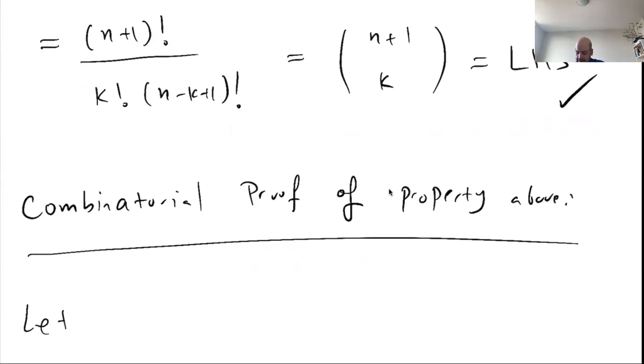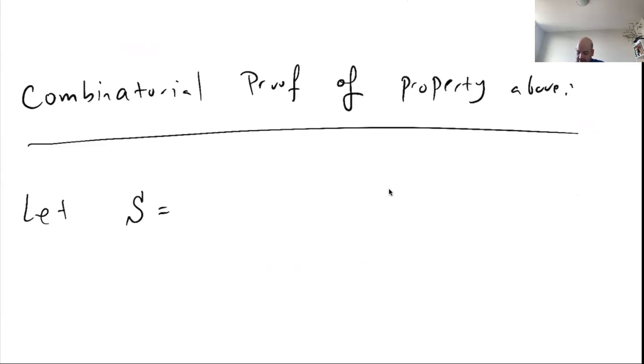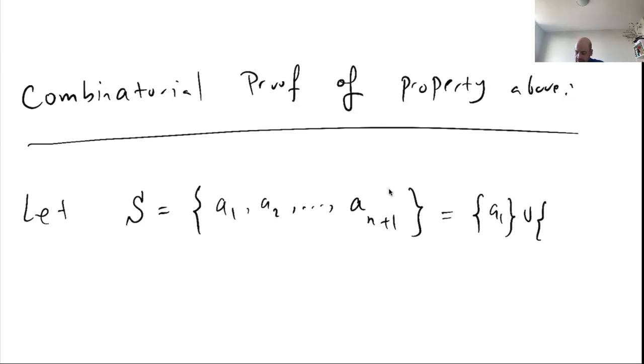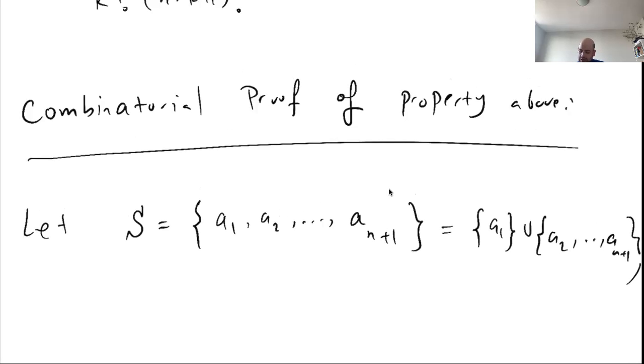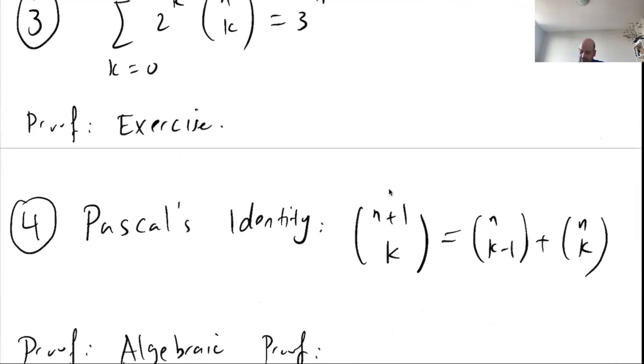So let S be a set with n plus 1 elements. So let's say A1, A2, all the way to A n plus 1, which I can write as A1 union A2 to A n plus 1. Okay, now look at the left-hand side of the property.